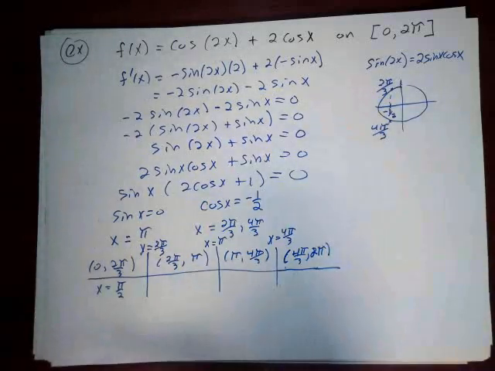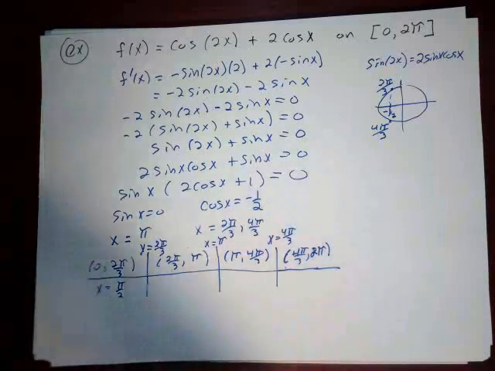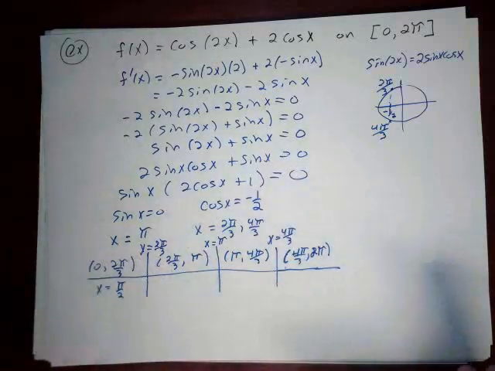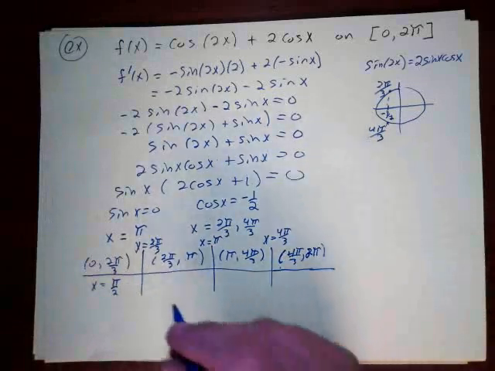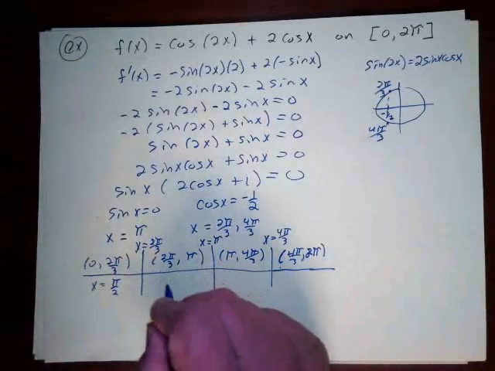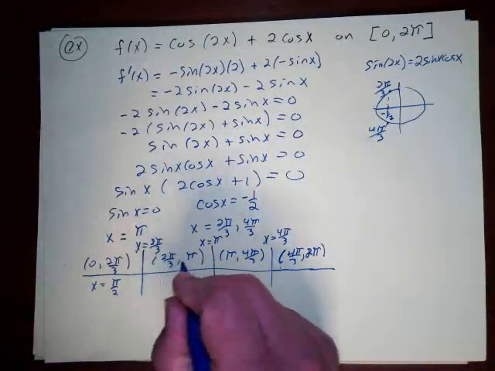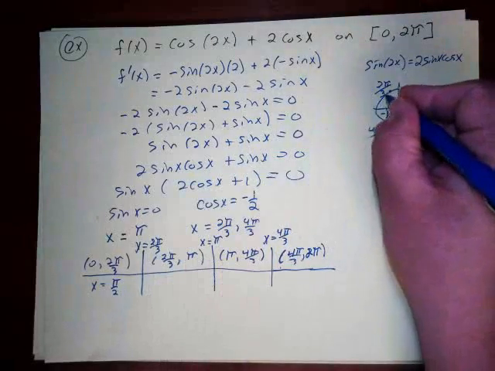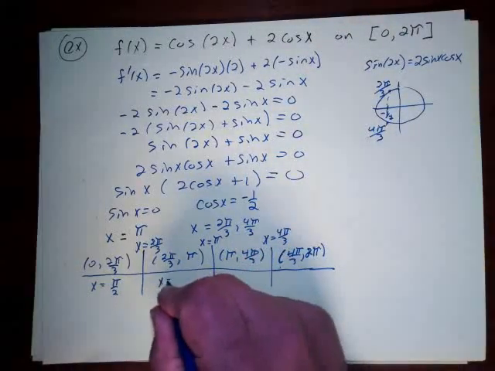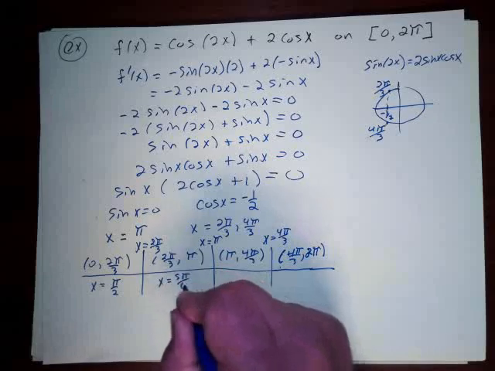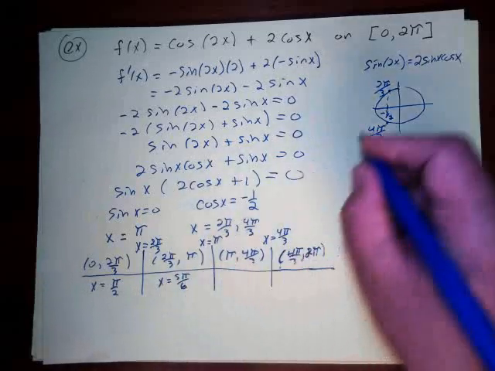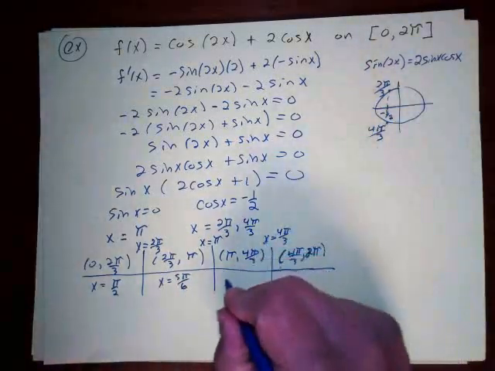Okay, so this is a lot of work. I'm making it look easy because I don't want you to have to sit and watch me figure it all out, because the videos are long enough without that. So the next test point I picked here, between here and here, was 5 pi over 6. And then from here to here I picked 7 pi over 6.